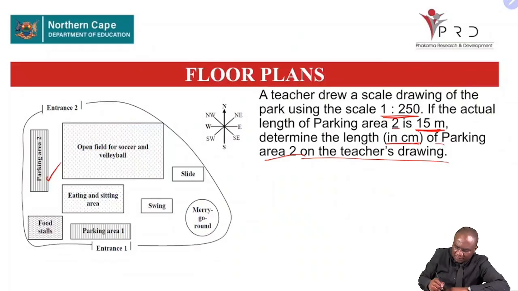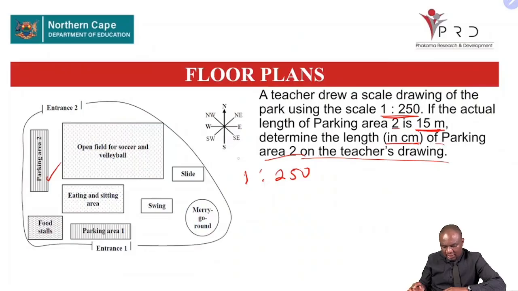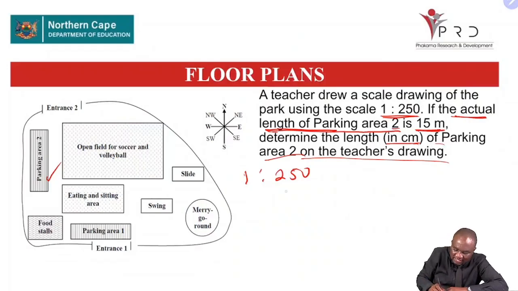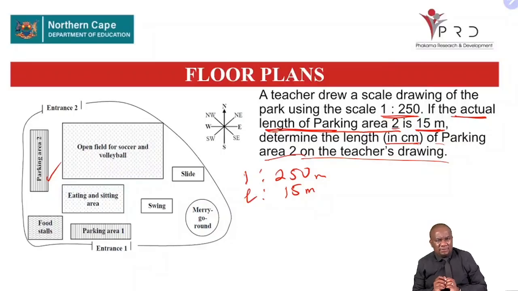Right, let's do this together. 1:250, plan to actual. Now, be careful here: the actual length of the parking area is 15 meters. So we write the 15 on the actual side. Right, what is the length on the plan? So now you have to be careful there.